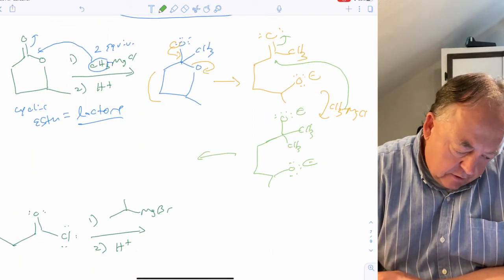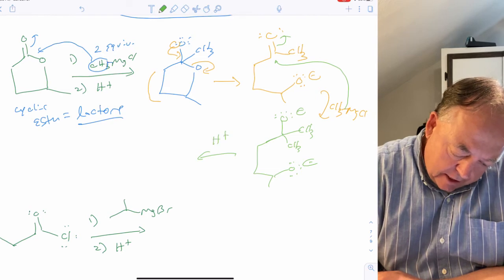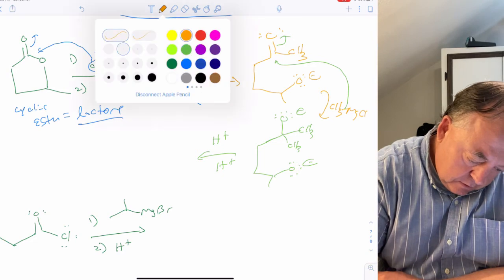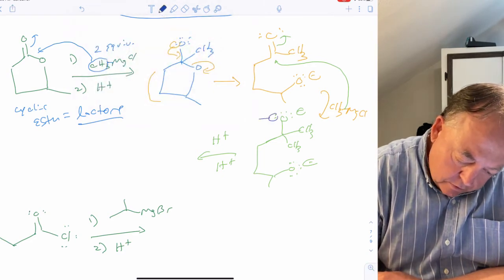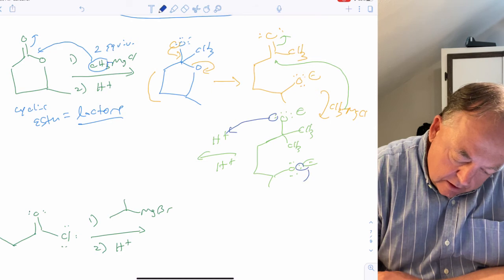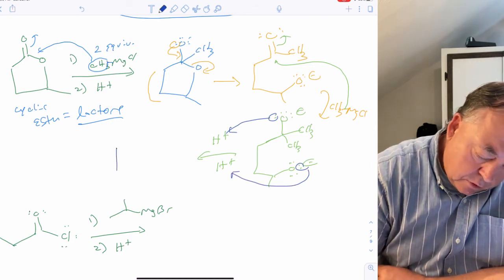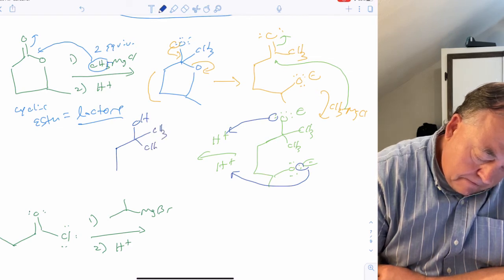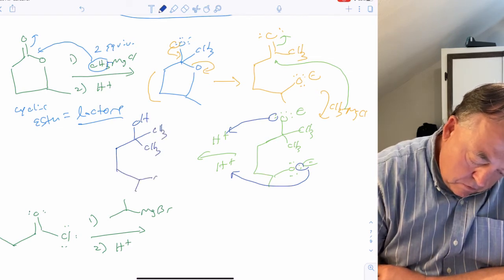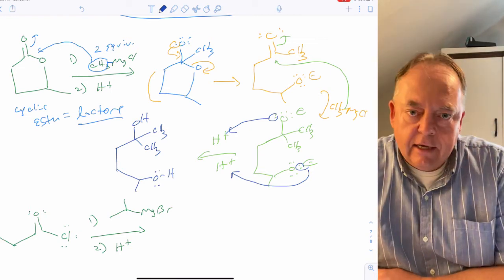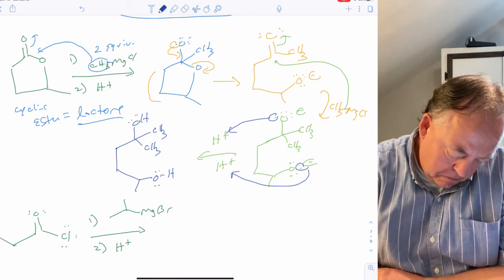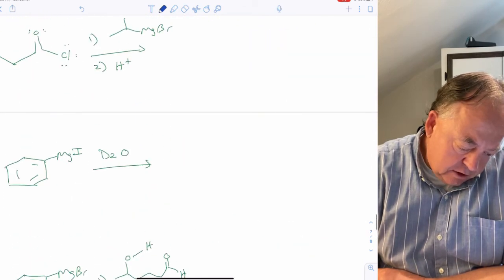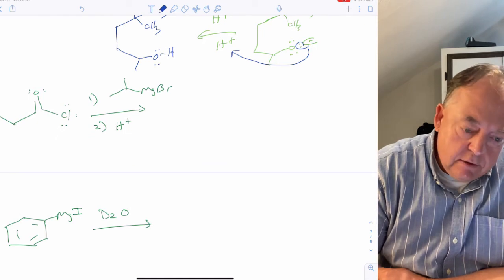And now that's done with the first step, so now you have the second step, and again you would need two equivalents of H plus since you have two O minuses. So pick up a hydrogen there, pick up a hydrogen there, and your product would be that diol. Okay, so acid chlorides react similarly to esters.